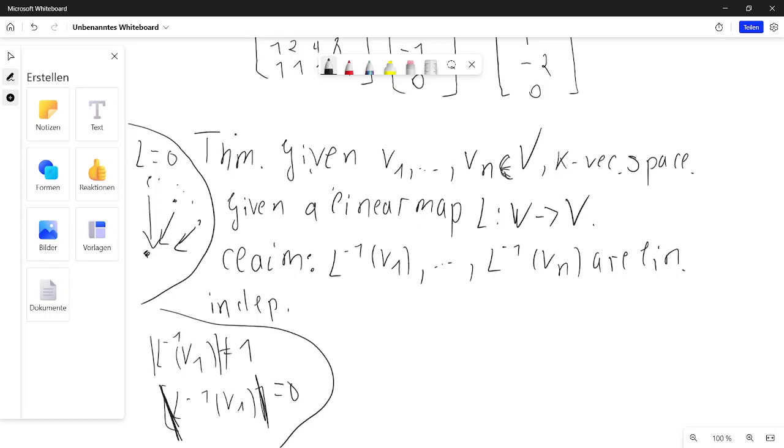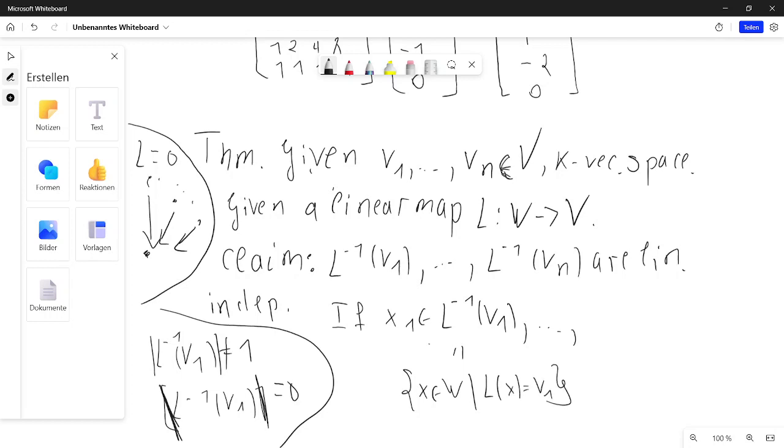Okay. Claim: if x1 is an element of L minus 1 of v1, and then of course an element of W, because this is how pre-image is defined, right? If you don't recall, pre-image is just defined as the set of all x in W such that L of x is equal to v1, right? All right, and that is xn.